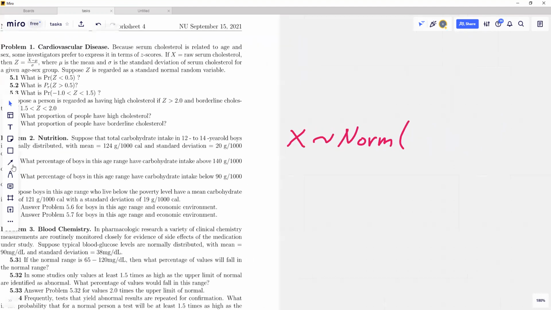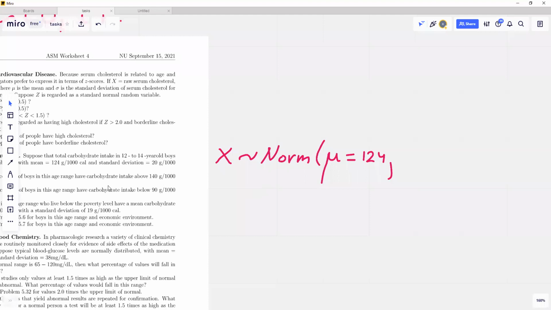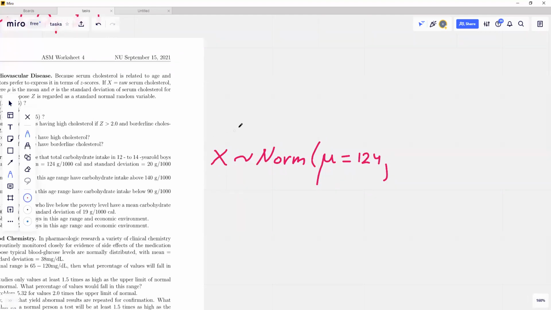The notation to show that X follows a normal distribution is as follows. First parameter is mu, the mean of 124, and the second parameter is variance. We rarely use variance when working with distributions; we usually use standard deviation.